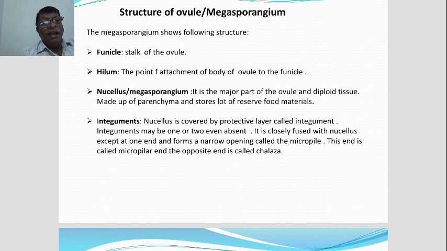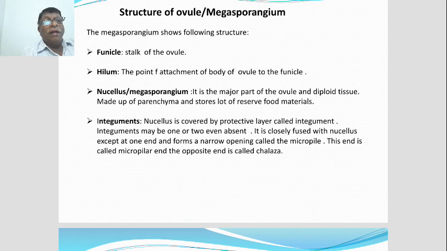Next, hilum. The ovule consists of the body. The point of attachment of body of ovule to the funicle is called hilum. Okay. Now, very important point. The nucellus or megasporangium.